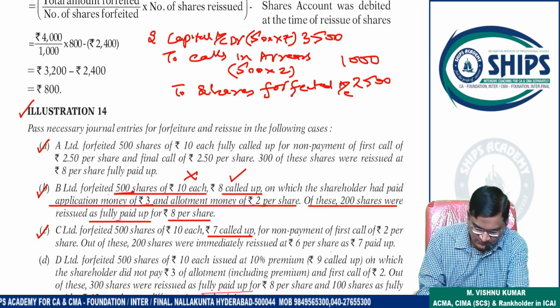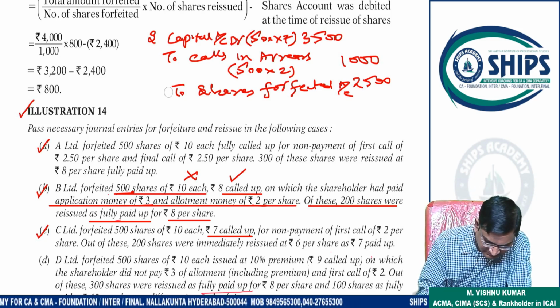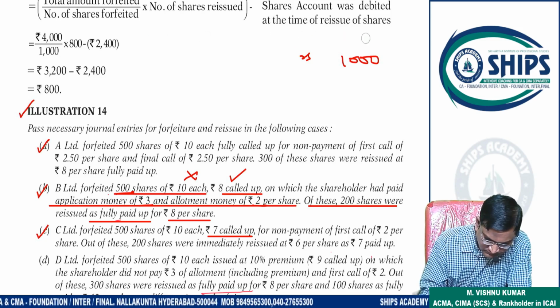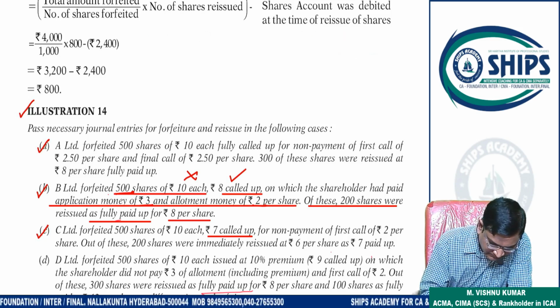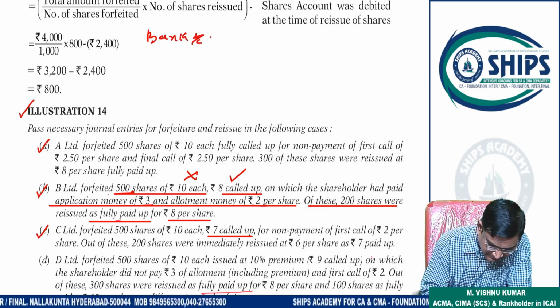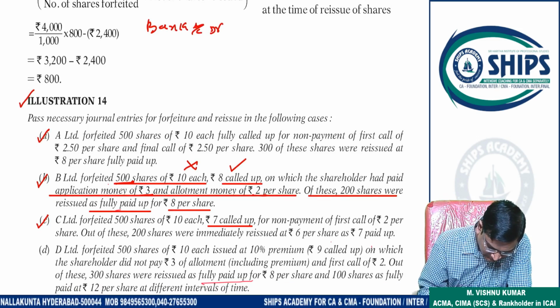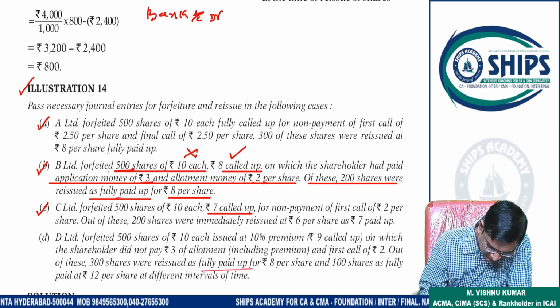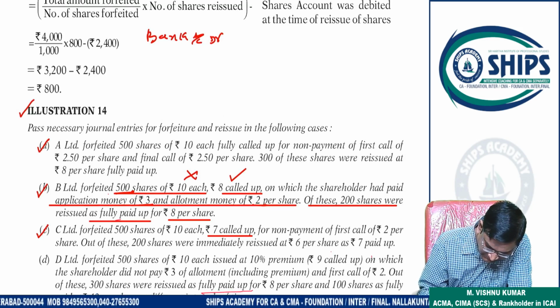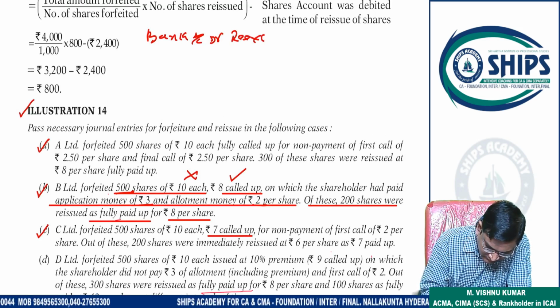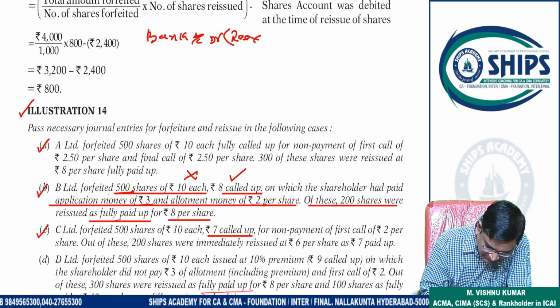Right. Now the reissue entry. Bank account debit. How many shares are issued? 200 into 6 issue price.